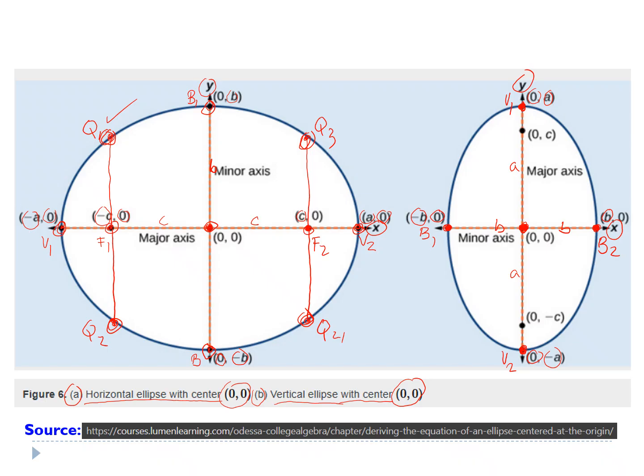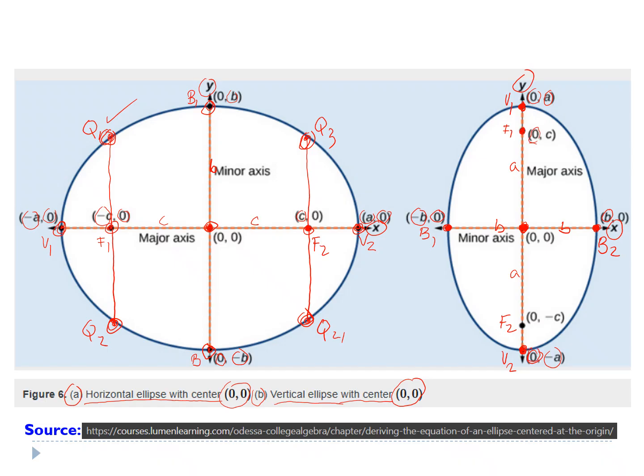And we have another two important points called foci. We can call this point here f1, and let us call this point here f2. Since f1 and f2 lie on the y-axis also, the abscissas are 0.